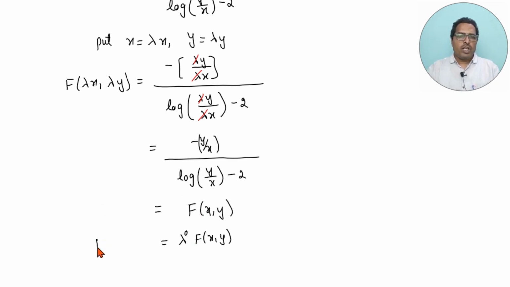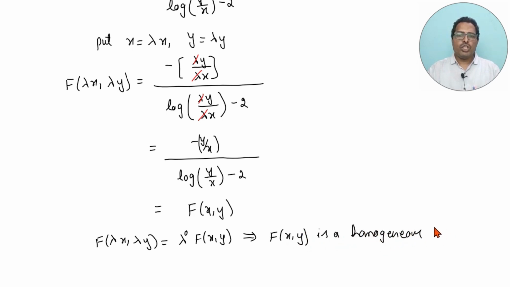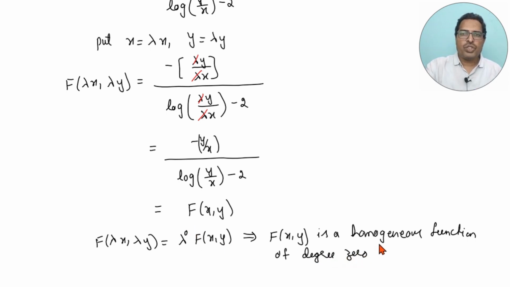So if we are able to express f of lambda x comma lambda y as lambda power of 0 into f of x comma y, we can say that this f of x comma y is a homogeneous function of degree 0, because the power of lambda is 0 here, therefore degree is 0.